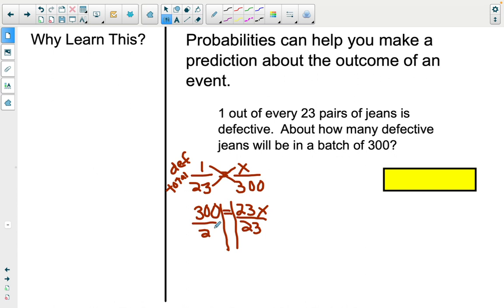So when I divide 300 by 23, I'm going to get about 13 pairs of pants will be defective in a batch of 300. It's not exact. It is an estimate. About 13 pairs in 300 will be defective. Does that guarantee that there will be exactly 13 defective pairs? No, it's just an estimate. It's a prediction.